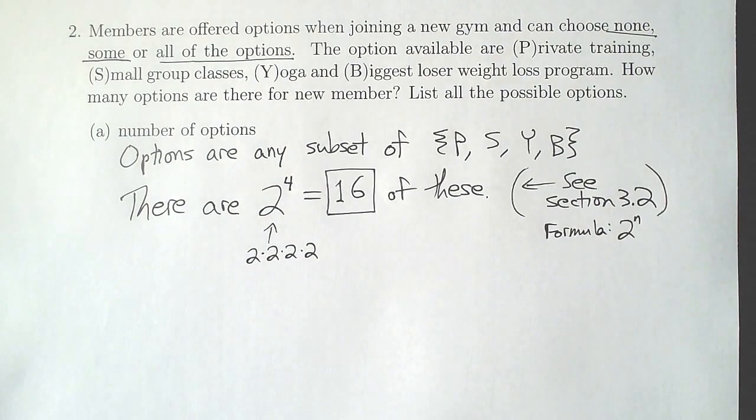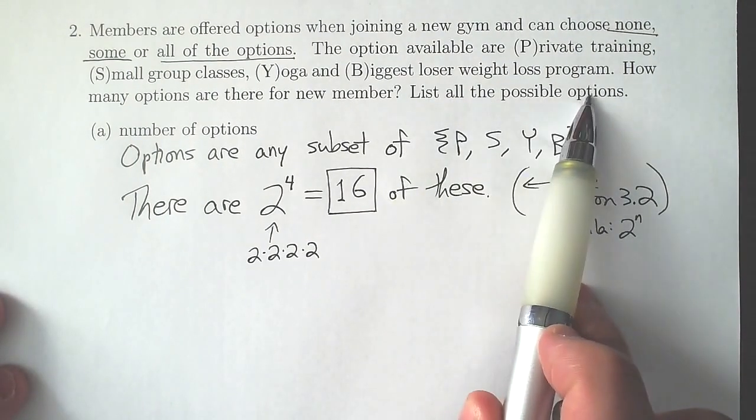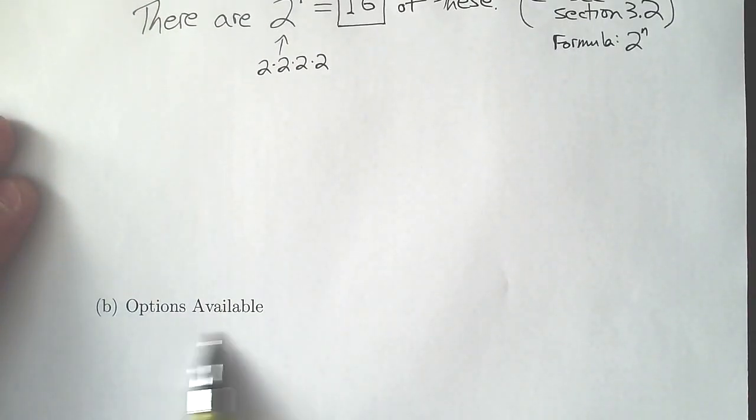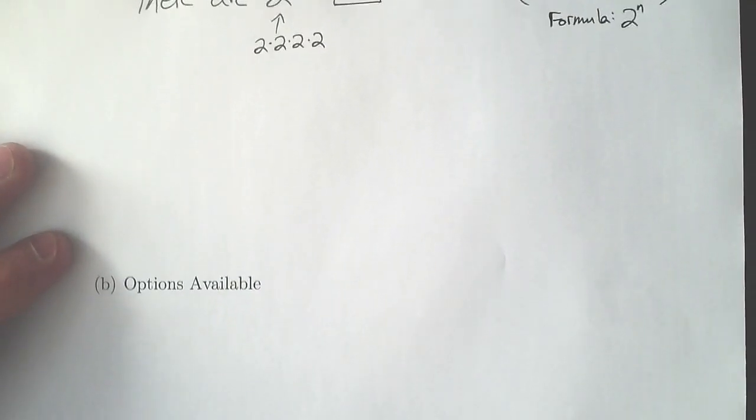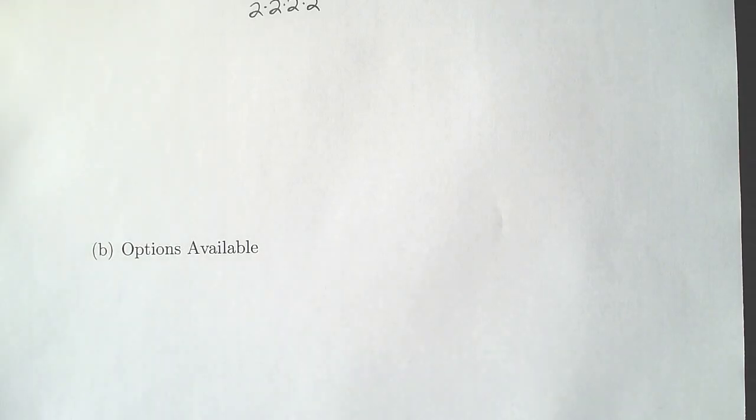Part B wants me to list the options that are available. It says up here, list all the possible options. Well, I'm going to do that here. And I should have 16 things that I'm about to say. So it doesn't really matter what order I list them in, as long as I have all 16.